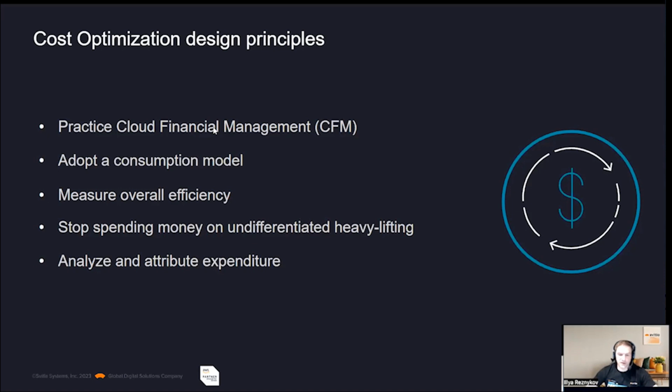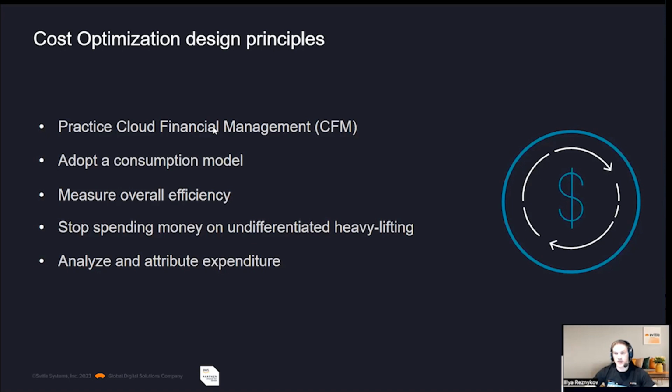Stop spending money on heavy lifting. It comes from using on-premises, because in the cloud we don't need to pay upfront for significant infrastructure if we don't need it. We may pay only for resources that are used. We still have the ability to pay upfront, but that's about reservations and savings plans, which actually are best practices. And then quite an important principle: we need to analyze and attribute our expenditures.